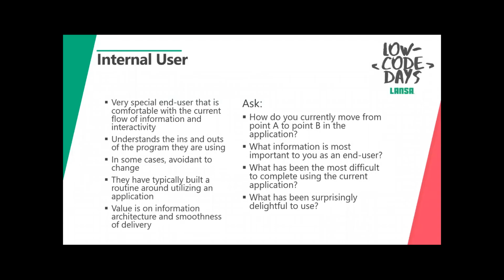So when that happens, how do we help them move from point A to point B? How do we set up their application, their experience, so that all the pertinent information that they need for that moment is right there?